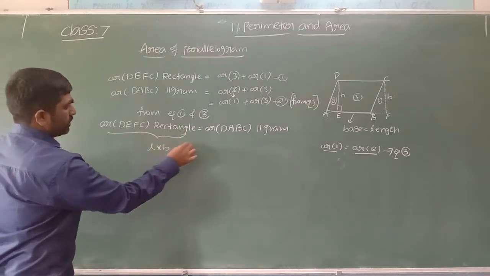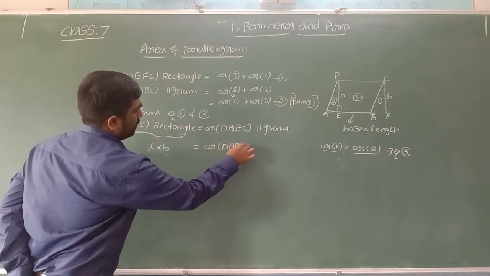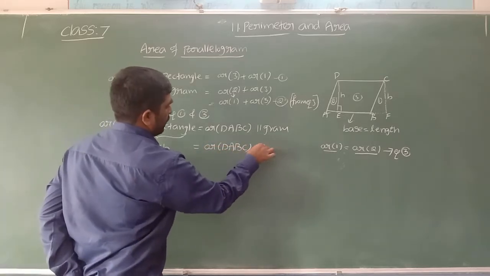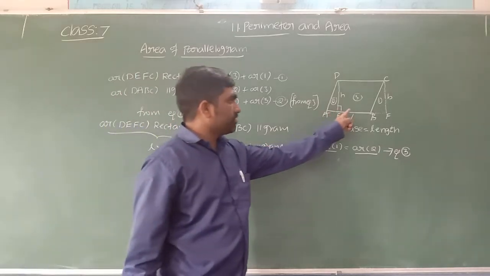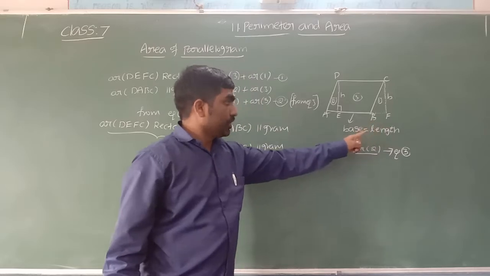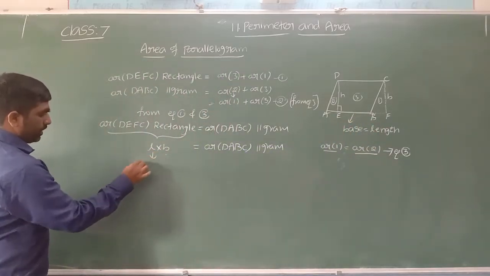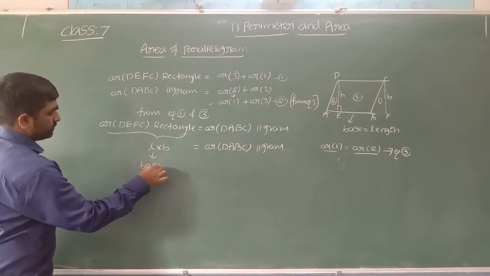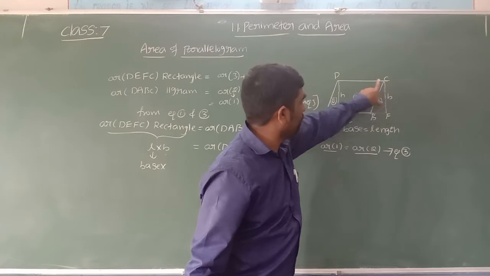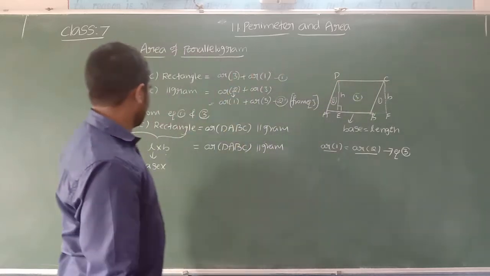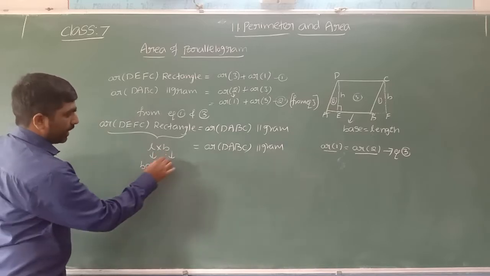Length into breadth is equal to area of DABC parallelogram. I said here the base of the parallelogram is going to become the length, so instead of length I can write base. And you know here the breadth of the rectangle is equal to the height of the parallelogram, so instead of breadth I can write height.